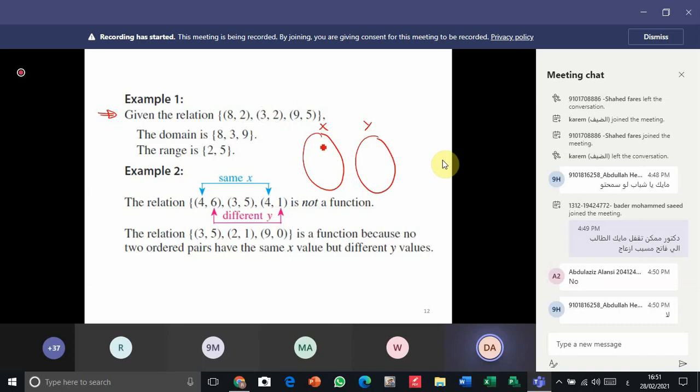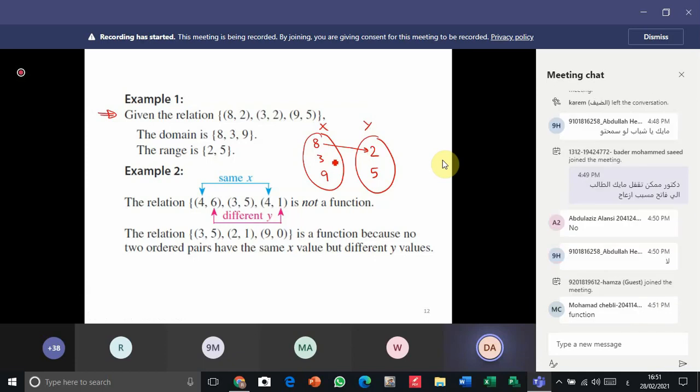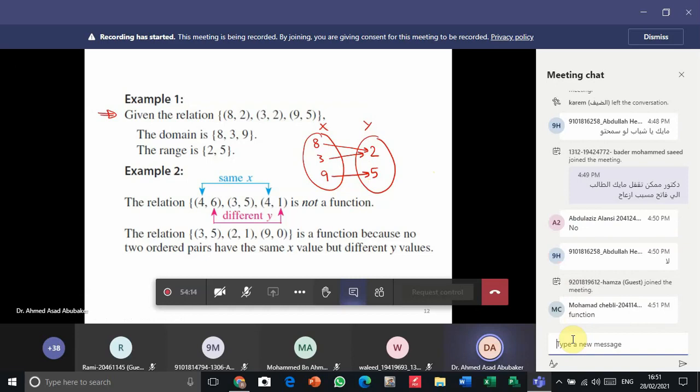In the domain we have 8, 3, and 9. In the range we have 2 and 5 only. So 8 matches with 2, 3 matches with 2, and 9 with 5. Is this a function? Yes, function.